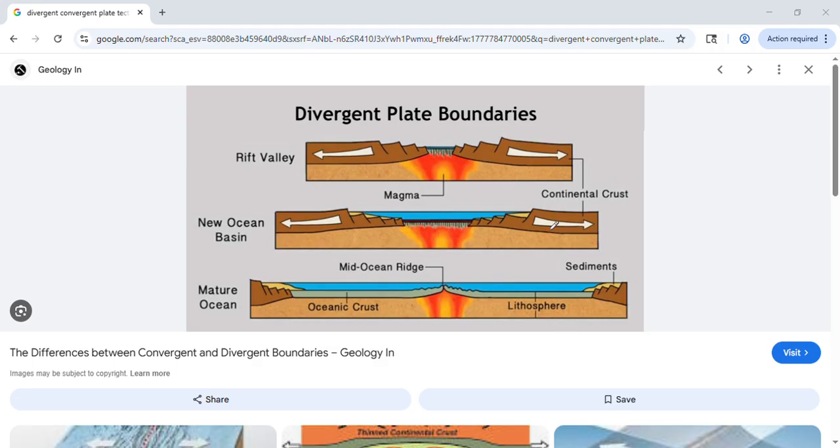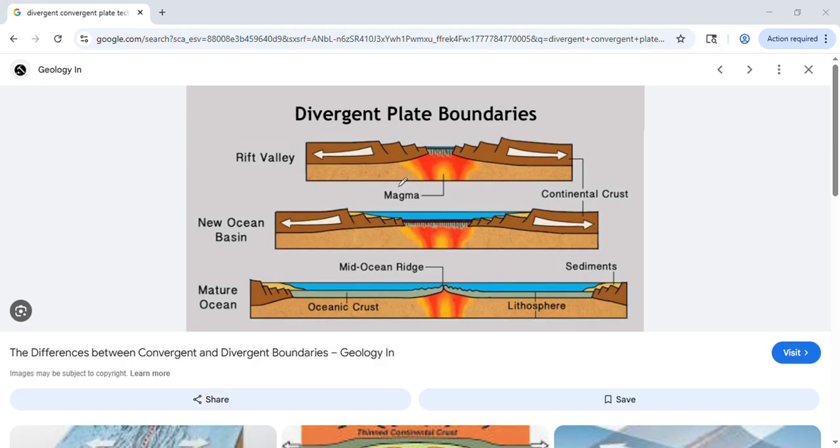Because while new crust is created at divergent boundaries, old crust is destroyed by sinking into the mantle at subduction zones. So this part is being destroyed by sinking into the mantle.